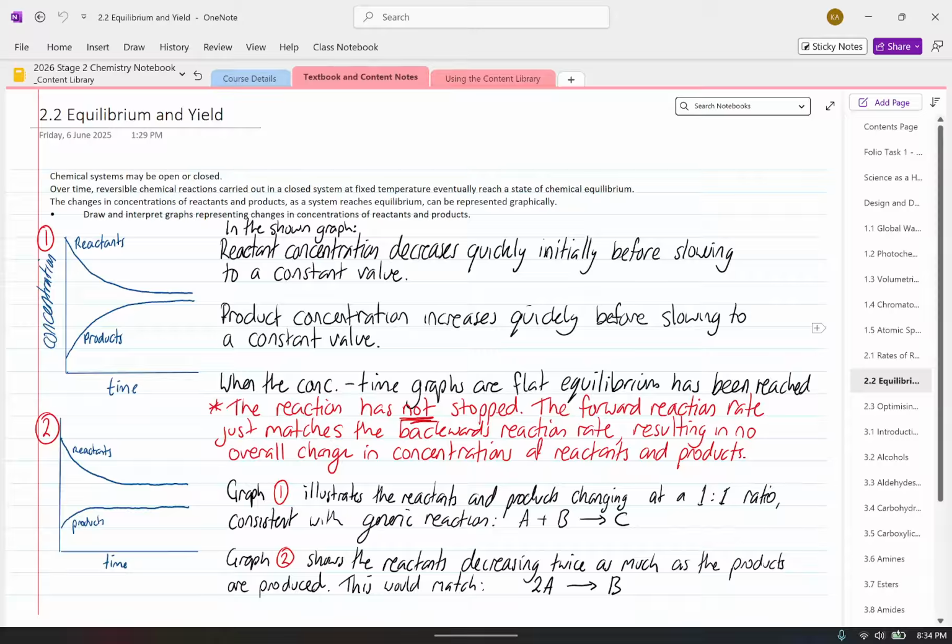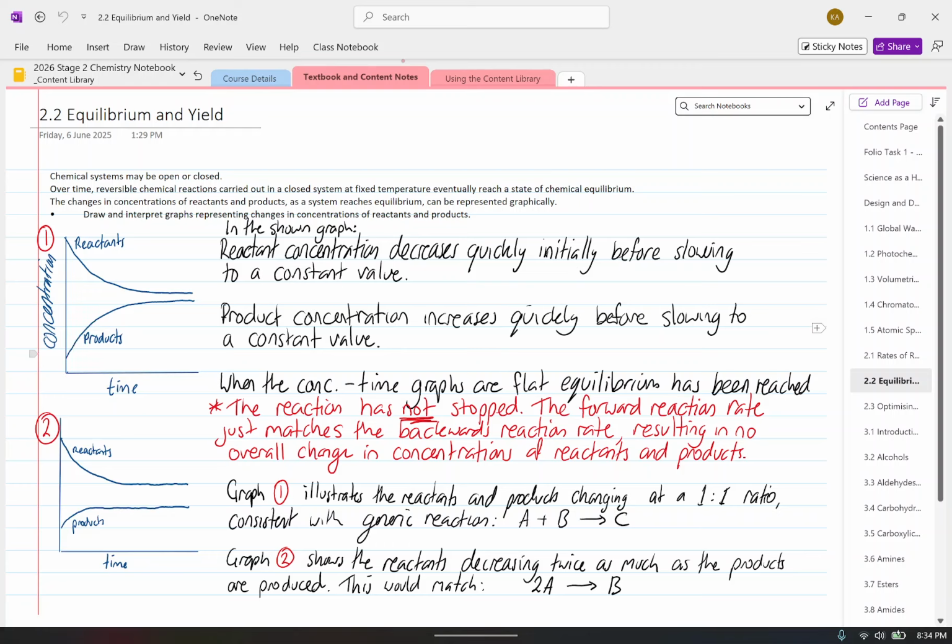So one way to explain it: at the start of this reaction here, you've got lots of reactants. When you've got heaps of them, or high concentration, they're going to react faster. And when they react, they're going to form our products faster. Now, as the concentration of our reactants decreases, we're making the products less quickly. So we're getting those increasing less quickly.